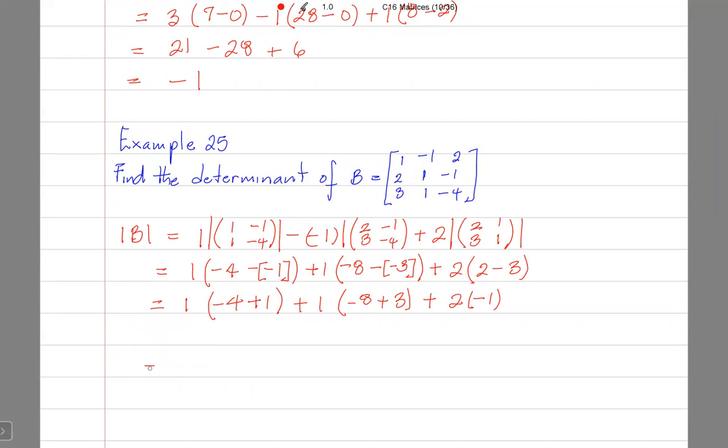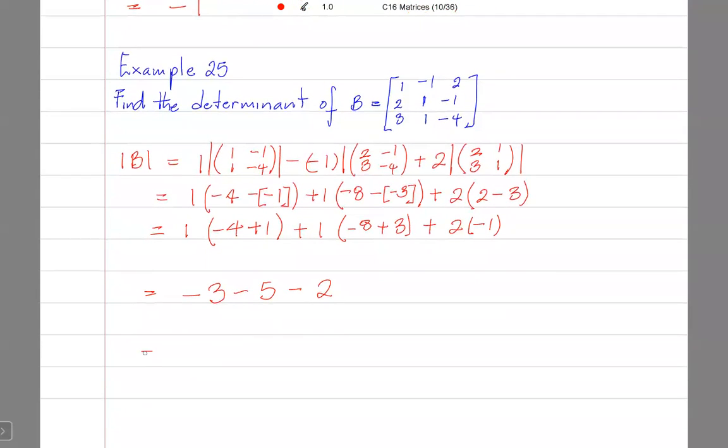This would be equal to 1 times minus 3, which is minus 3, 1 times minus 5, which is minus 5, 2 times minus 1, which is minus 2. And it looks as if here the determinant of B is minus 10.